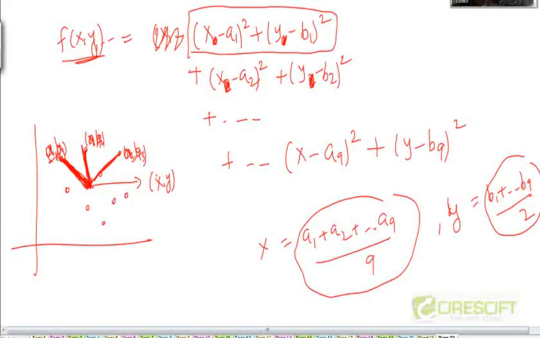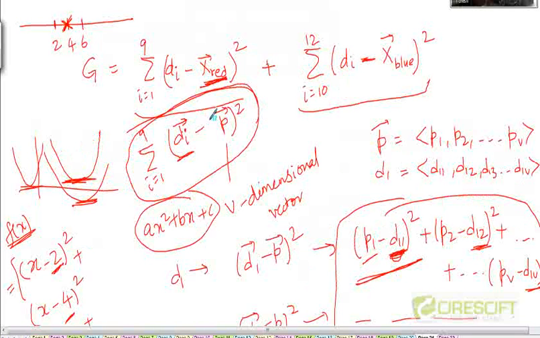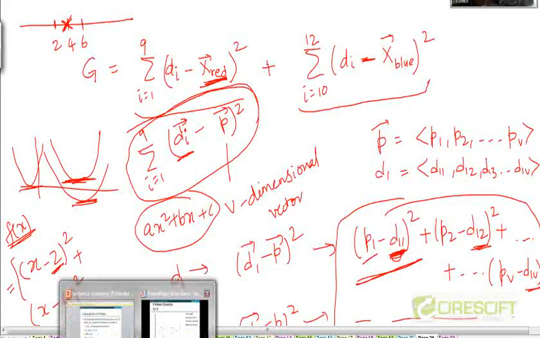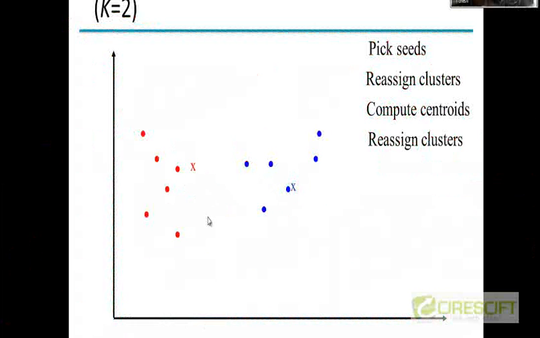So coming back to the question I asked you, what should be the coordinate of a point P such that the square of the distance from all the 9 red points is minimized? So where should this x be placed so that the sum of the squares of all the distances of all the points from x is minimized?